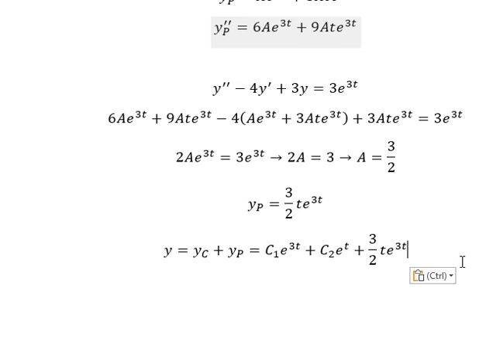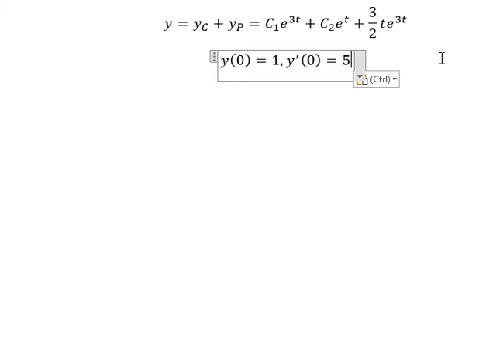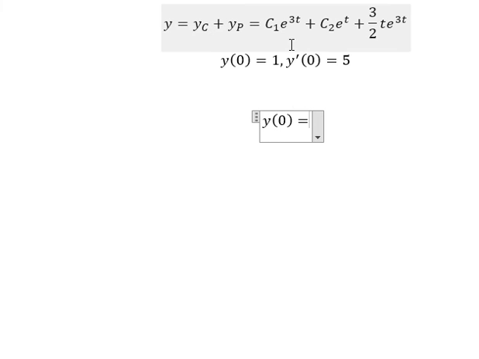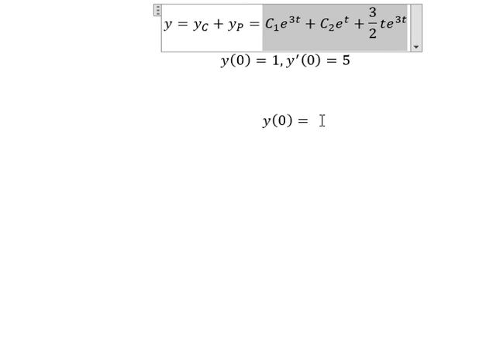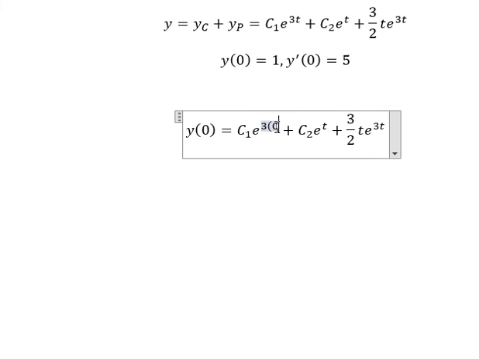and this one. Now we have conditions. For the first one, when t equals 0, y equals 1. So I will put 0 in here.